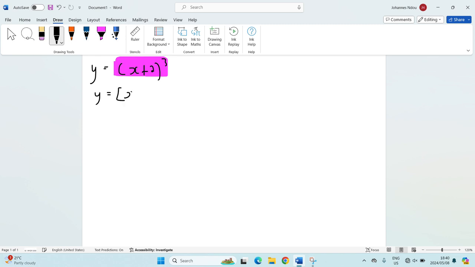This means the brackets 3 times: x plus 2 multiplied by x plus 2 multiplied by x plus 2. You can multiply all of them at the same time, but let's first multiply the two brackets over here, then we'll multiply the product to the other bracket.